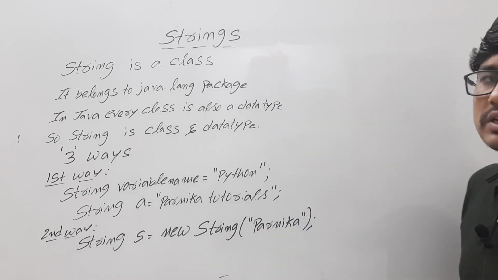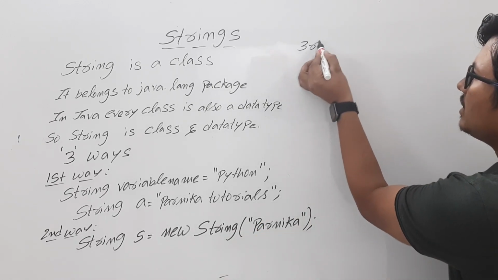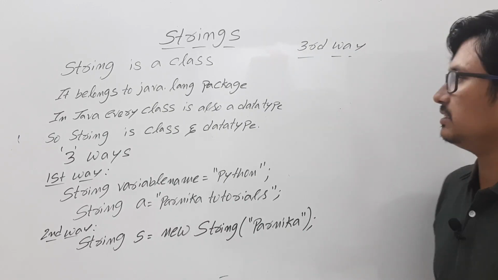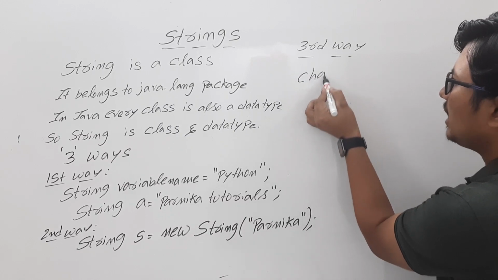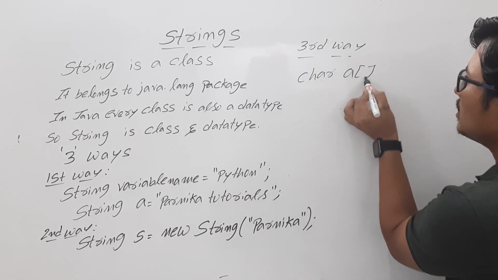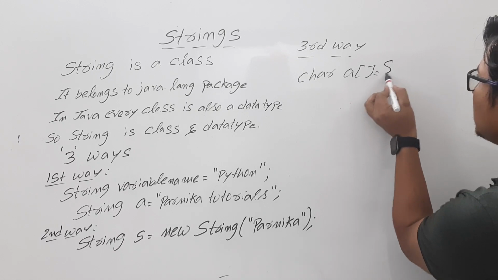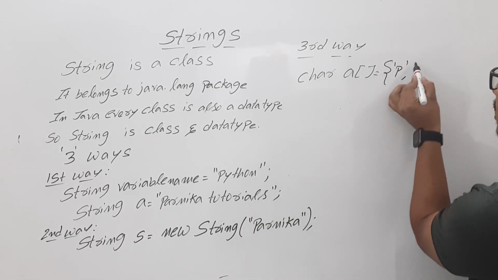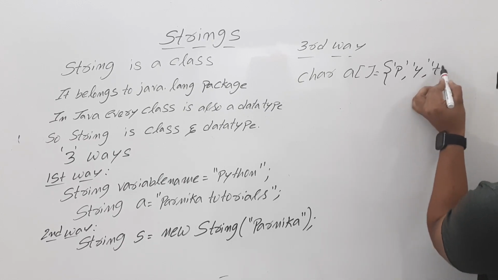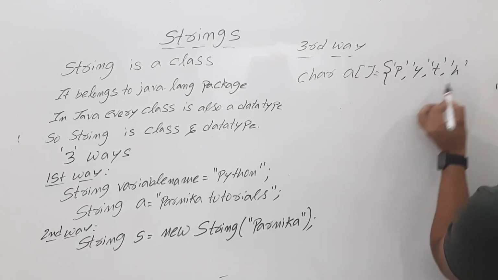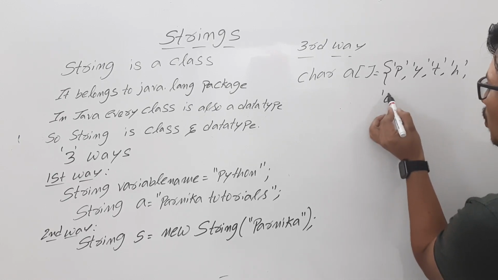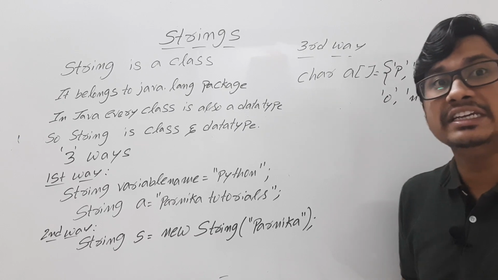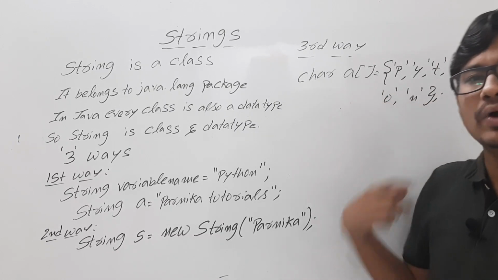Now let me discuss the third way. As I told you earlier, a string is a collection of characters. So what I can do is create a character array, and I will initialize it. If I want to write Python, I will write P, Y, T, H, comma, O, comma, N. This is the way you initialize the values in a one-dimensional array.